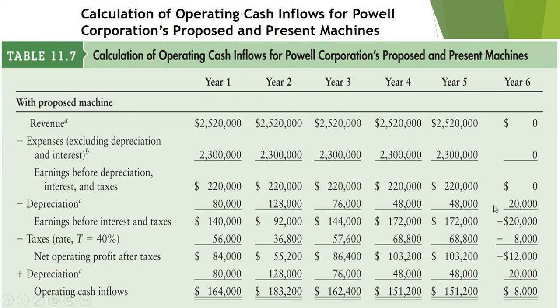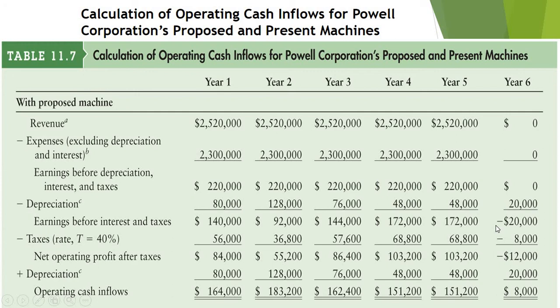This is because we have calculated depreciation for the present machine for 6 years. Though there are no revenues or expenses in year number 6, we still have to count the depreciation which has been counted for year number 6. If we deduct depreciation from earnings before depreciation, interest and taxes, we'll get earnings before interest and taxes.